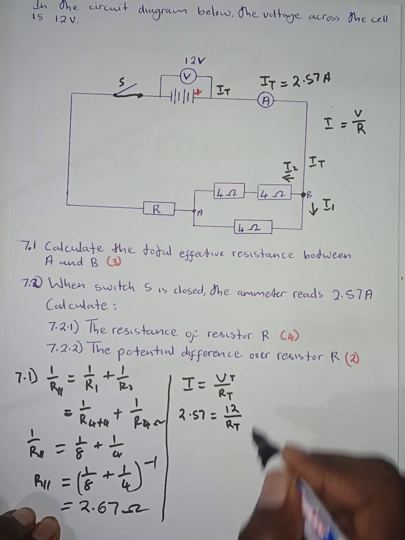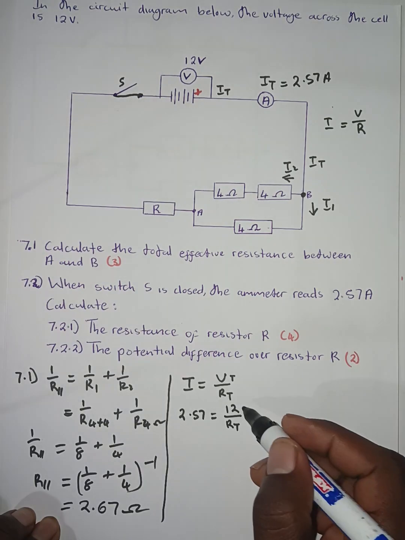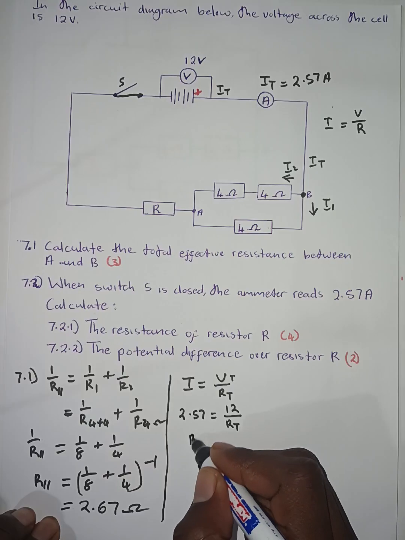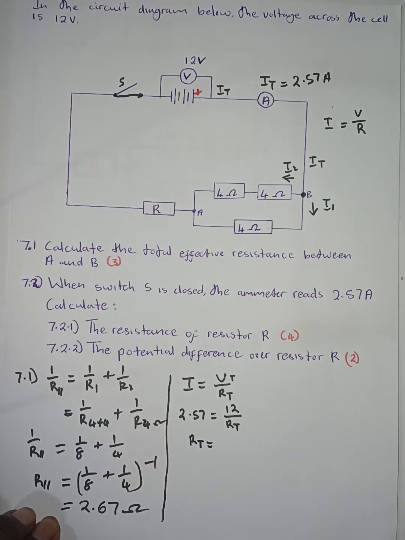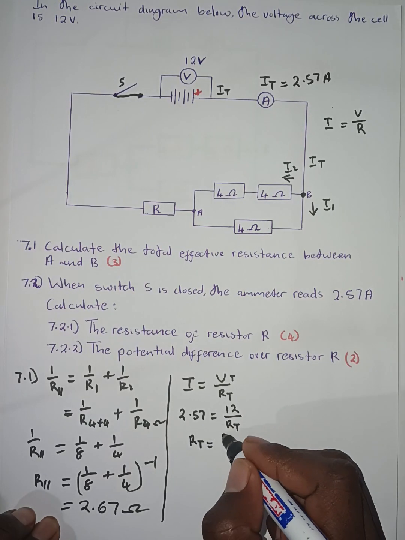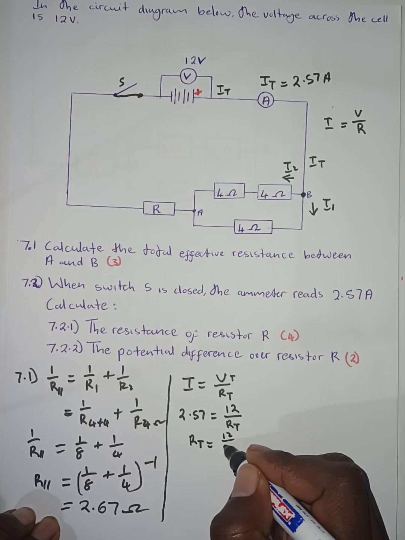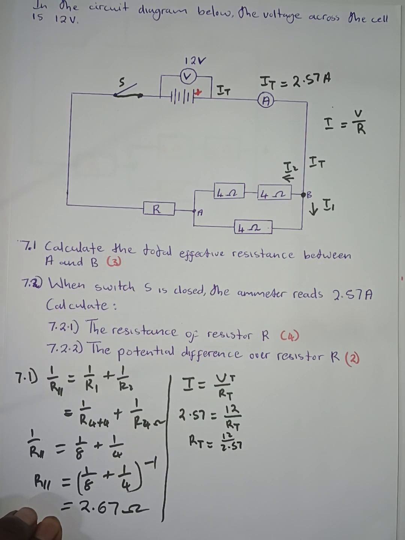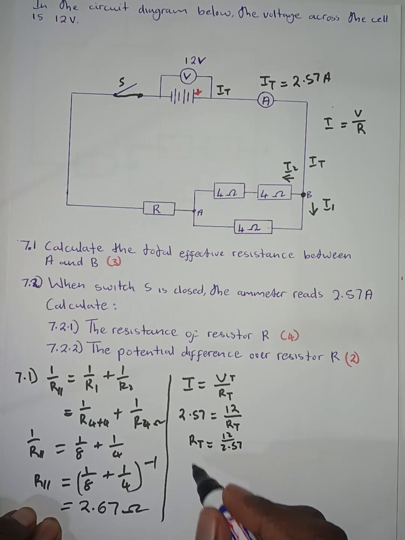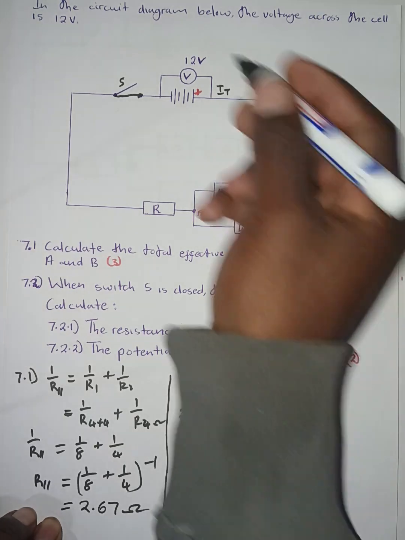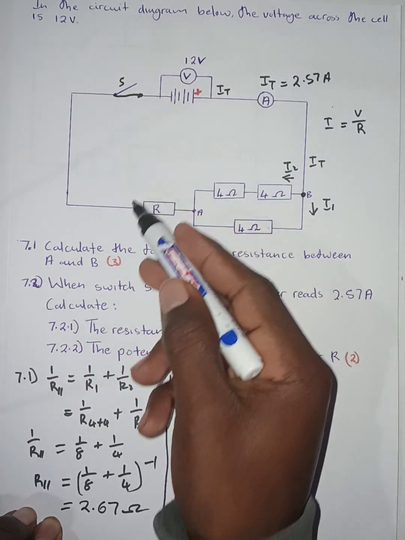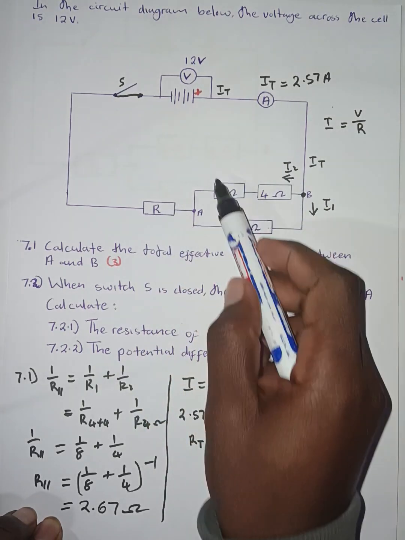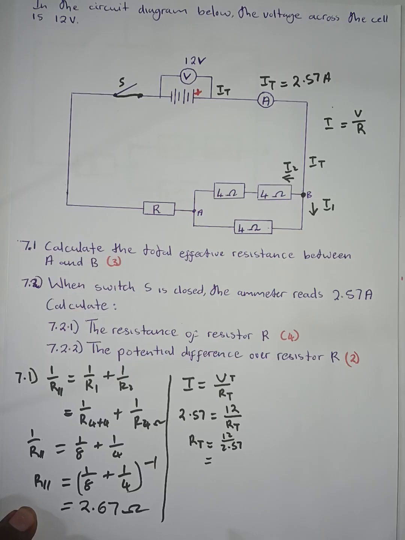So if I do my mathematical gymnastics there, RT would be equal to 12 divided by 2.57. If you put that in your calculator, you're going to get a total effective resistance of the whole circuit, so that would include that R plus that R parallel in this case.